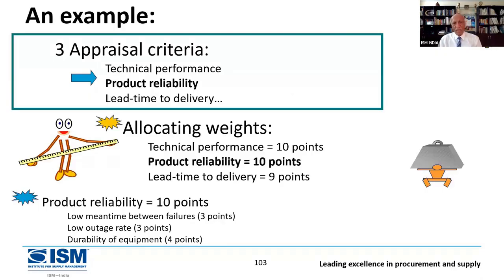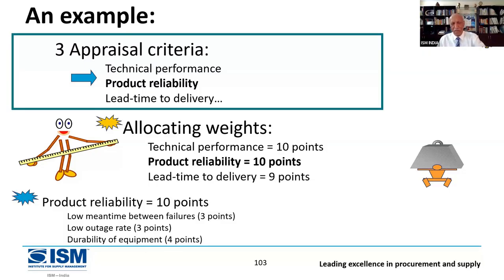So we have an example of appraisal criteria. When we're doing appraisal, I can look at the technical performance of the company before selecting them. So product reliability. Then I could have score points for each one. So appraisal also can go with points. It's not an issue. So I got 10 points, I got 10 points, I got 9 points.